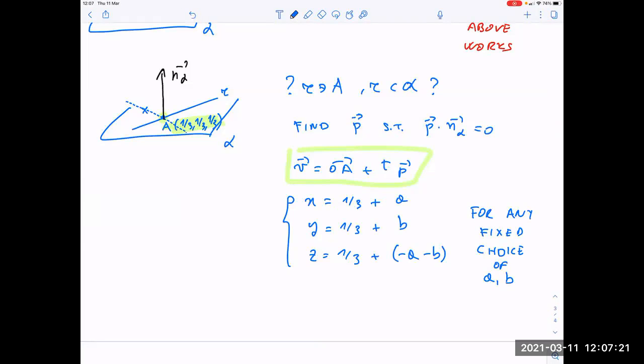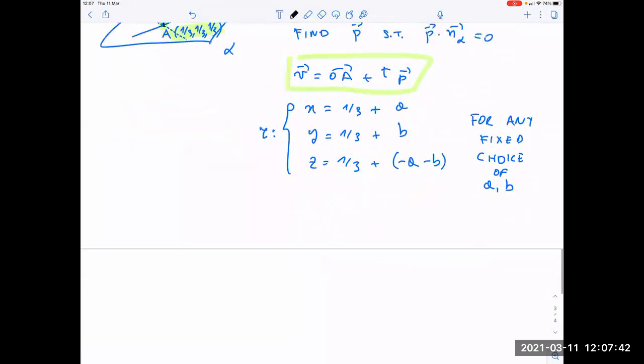Actually, in this way, you find all the lines on alpha going through point A. Okay, good. So this seems something we can do very well, very easily. Okay, so let's move to a new exercise and see how you can do that.